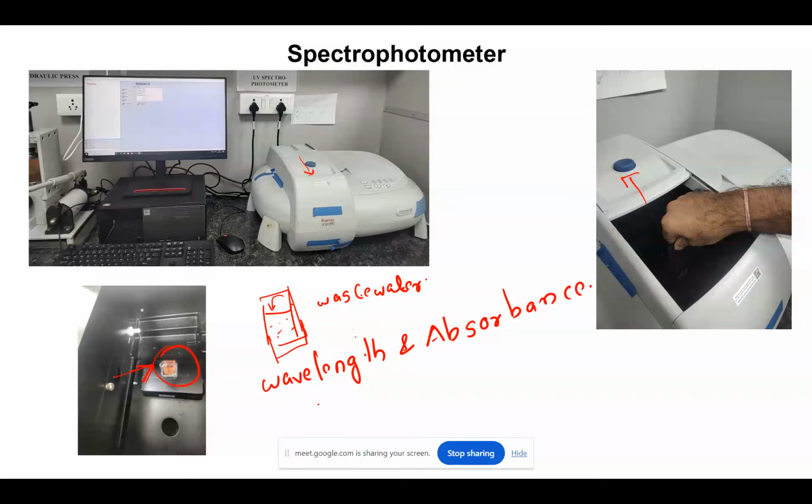Accordingly, the system will calibrate and show the presence of an element and how much of it is present on the screen. That is how a spectrophotometer works. This one is for liquid samples. There is another piece of equipment for powdered samples, and also for thin pellets and thin sheets. But this particular instrument is specifically for liquid samples.